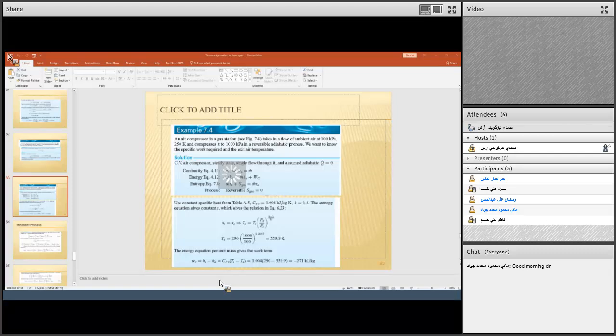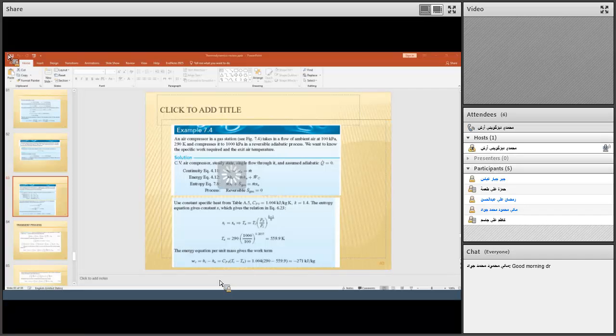The work of the compressor equals enthalpy at inlet minus enthalpy at outlet, equal to Cp times T at inlet minus T at outlet. That is equal to minus 271 kilojoule per kilogram. So the minus sign shows that energy is put into the system.